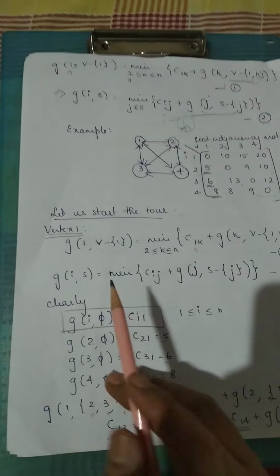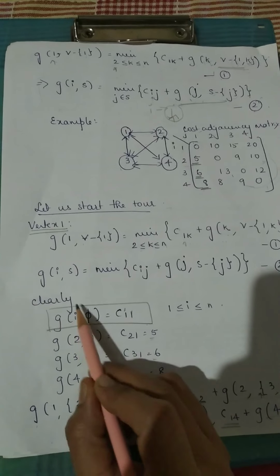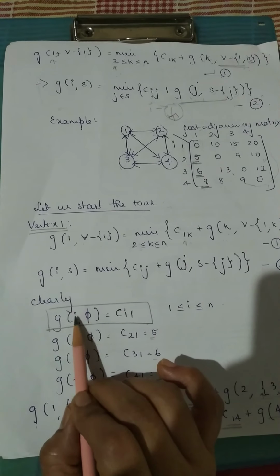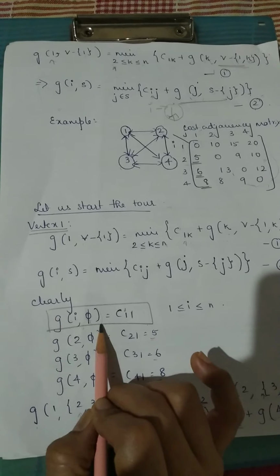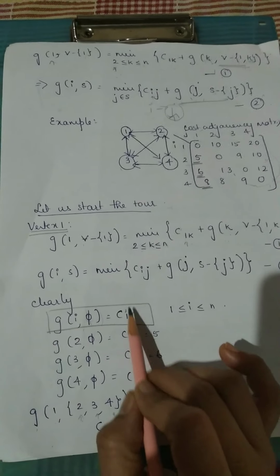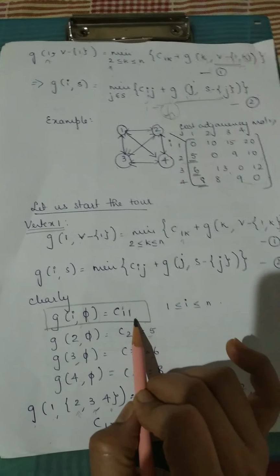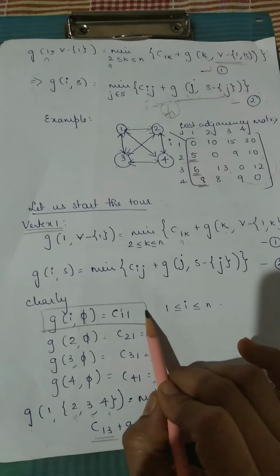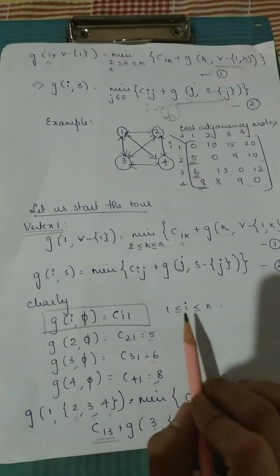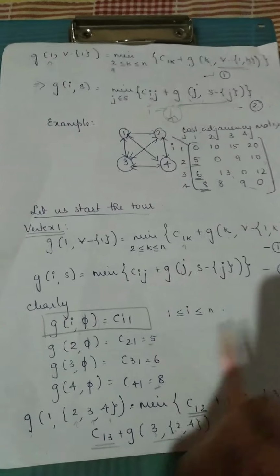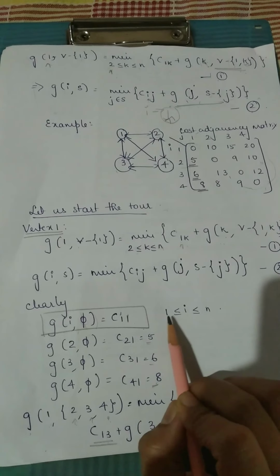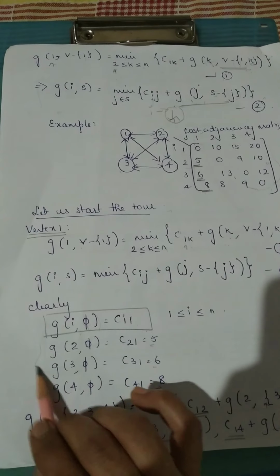Already we checked it. Now, C of I comma 1, I'll clearly mention. That is the null city. If he is in the same city, 1 comma 1, then it is 0. Cyclic graph. He'll be roaming in the same city. Now, if I is 1 to n, I'll take the remaining vertices.